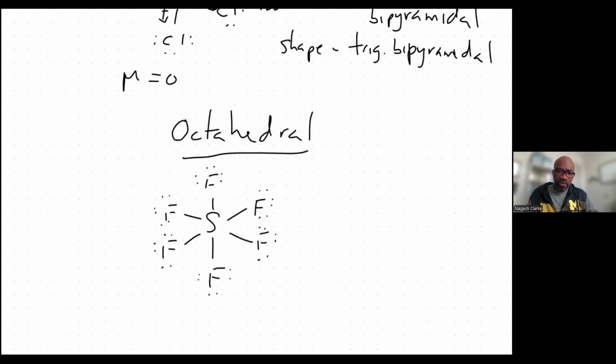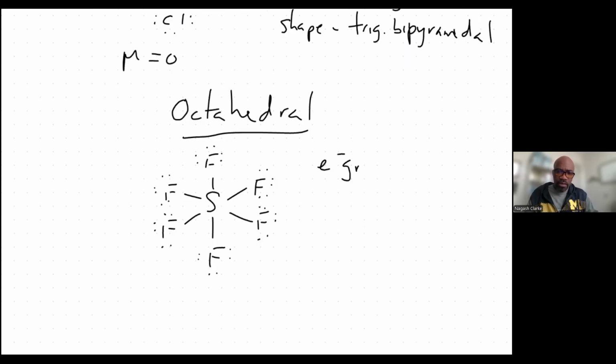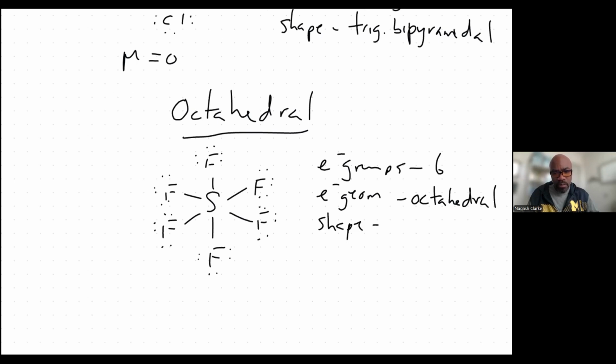How many around the sulfur? 6. The geometry is octahedral. Shape, also octahedral.